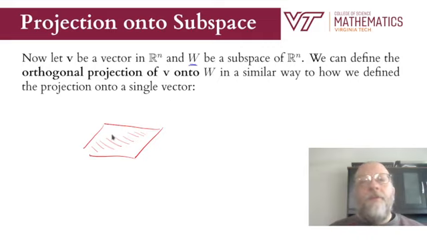And my vector v is, say, coming out from this, and it doesn't lie in the plane. But if I drop a perpendicular onto the plane, and I look at the vector that comes out to where that perpendicular meets, that's the projection of v onto the entire subspace W.